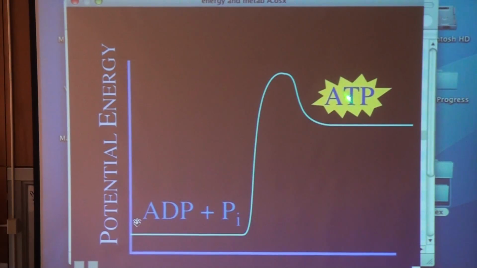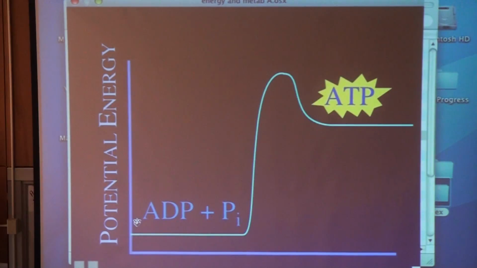So ATP is a very high potential energy molecule, and the starting materials to build an ATP molecule are the adenosine diphosphate and the inorganic phosphate. And so the cell has to take that inorganic phosphate and link it back onto the ADP to make an adenosine triphosphate. But that's a very non-spontaneous reaction. That's because that's low potential energy and that's high potential energy.